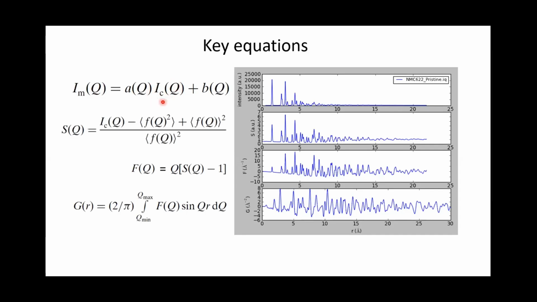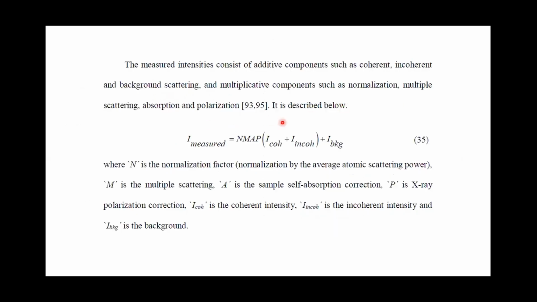So we need to deal with other parts properly. And this is basically showing the measured one is in fact the coherent and incoherent sum together with some coefficients multiplied, including for example, something I already covered, like multiple scattering, self-absorption issue, X-ray polarization correction, all these things.